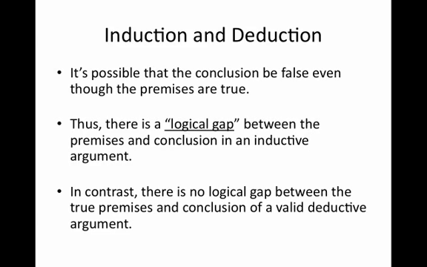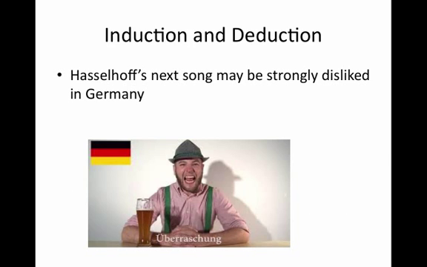Thus, there's what logicians call a logical gap between the premises and conclusion in an inductive argument. However, with deductive arguments, there is no such logical gap between true premises and a conclusion, if the argument's valid. So, again, in an inductive argument, it might be true that every single one of Hasselhoff's songs have been hits in Germany, but his next song might be strongly disliked.